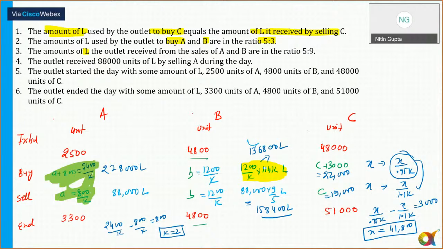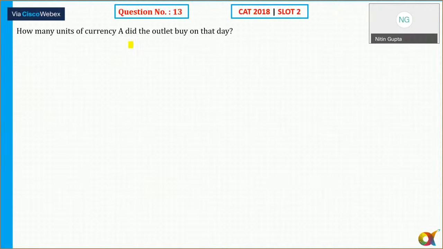Okay, so let's move to the questions. How many units of currency A did the outlet buy on that day? Let me check the answer key which was there with me.